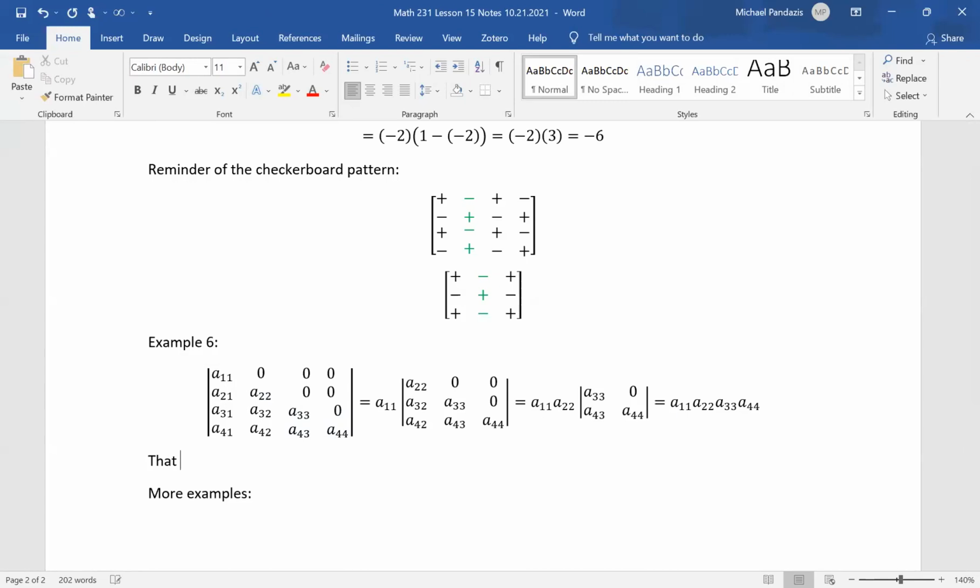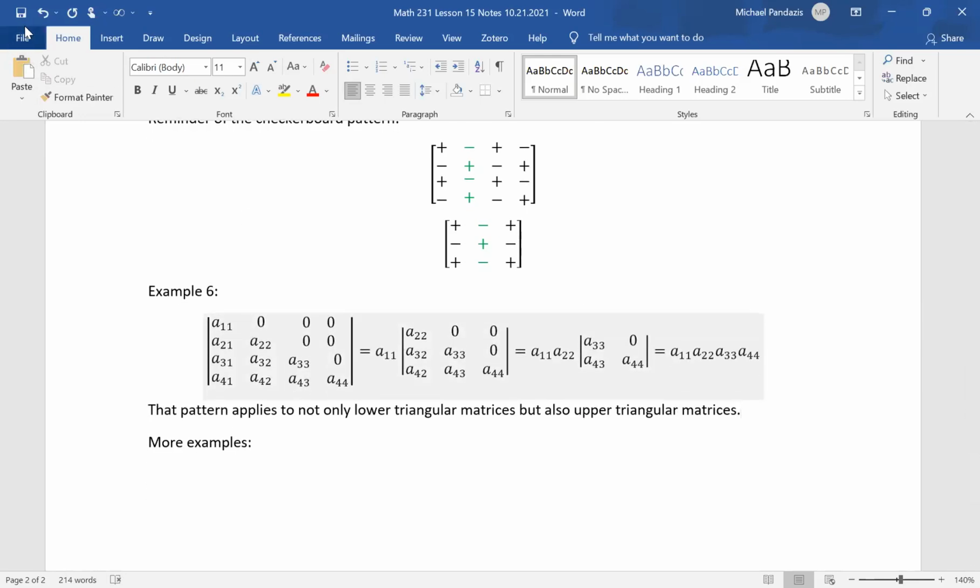That pattern applies to not only lower triangular matrices, but also upper triangular matrices, in which the determinant is the product of the entries on its main diagonal.